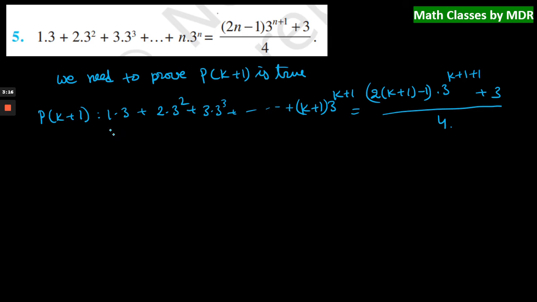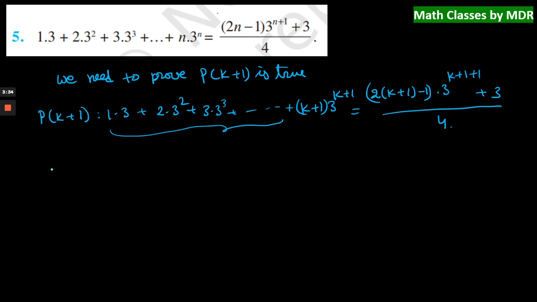And we know that the sum of the first k terms is true, right? We have assumed that. So we can use that here. What is the sum of the first k terms? 2k minus 1 into 3 to the power k plus 1, plus 3, by 4.